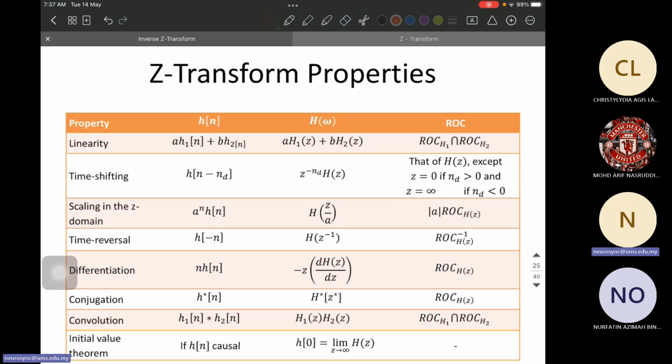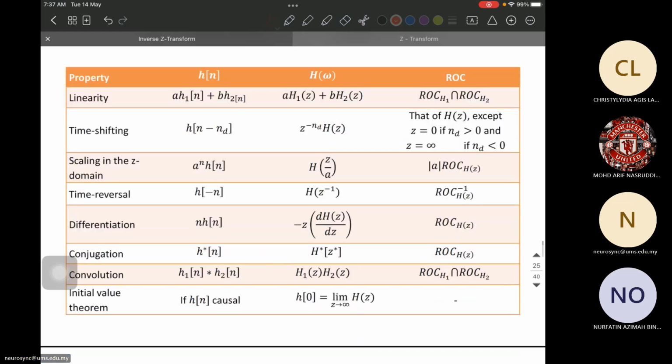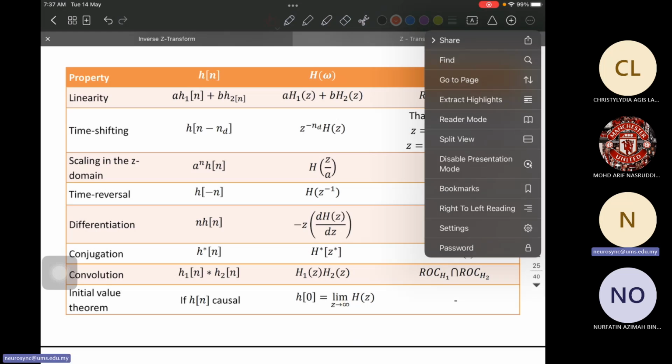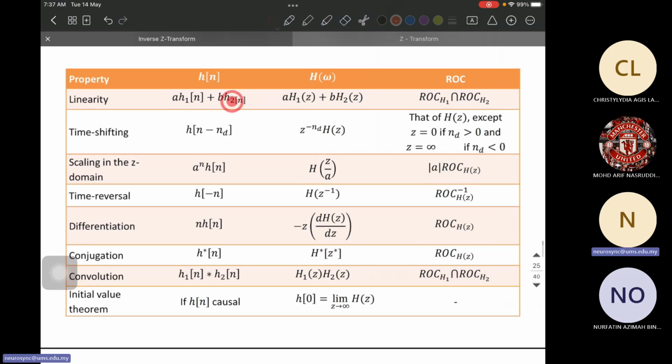There are some properties we have already seen, like linearity, time shifting, and differentiation. We have already seen them in the Z transform lecture. Today we will do the remaining properties. So, the linearity property. We know that the Z transform is linear: if A and B are multiplied with H1 and H2, then this addition is nothing but A of H1 of z plus B of H2 of z.